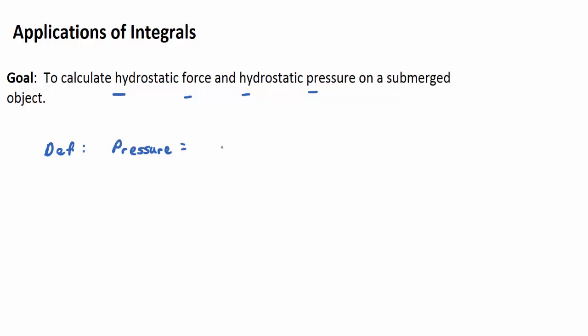So here's what the definition turns out to be. We take the weight density of the fluid. What do I mean by weight density? How much the fluid weighs per cubic unit. That's usually going to be in cubic meters or cubic feet.